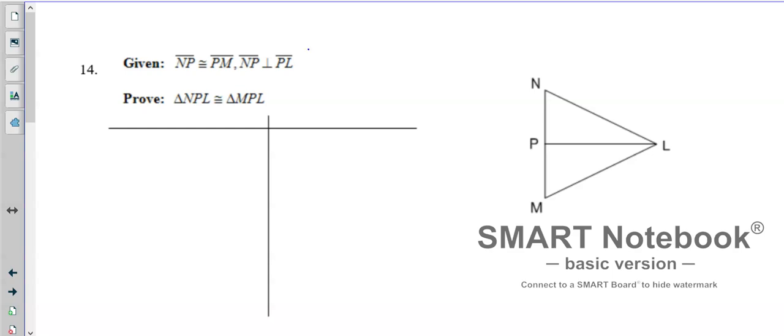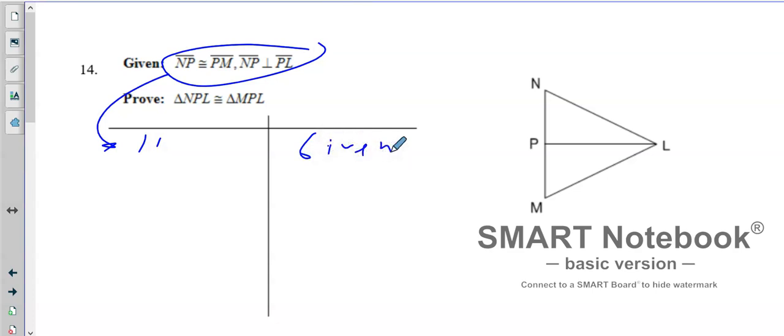All right. Save time. I'm just going to write that. Given NP is equal to PM. NP is perpendicular to PL. So I know these are 90-degree angles right here, but I want to state that. And I know this is equal to itself.